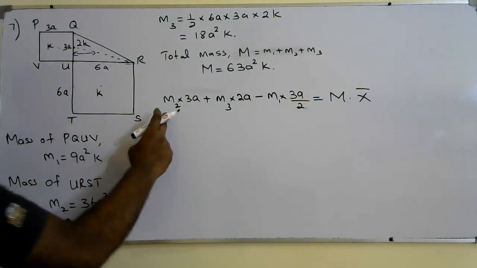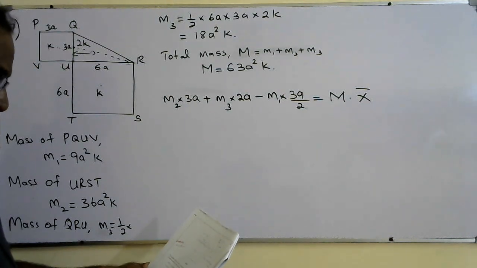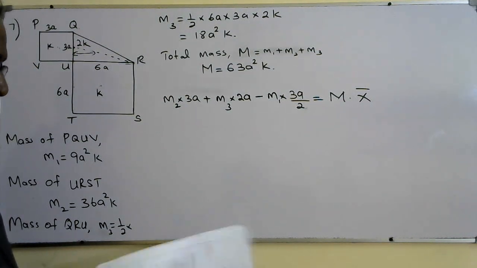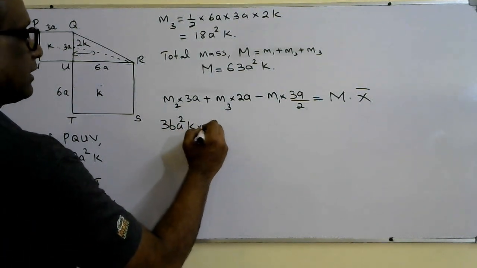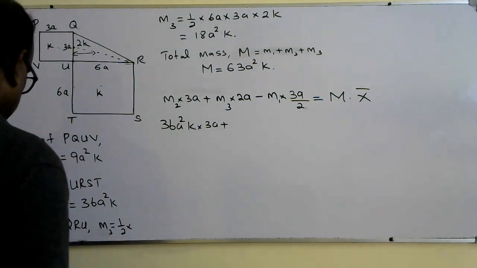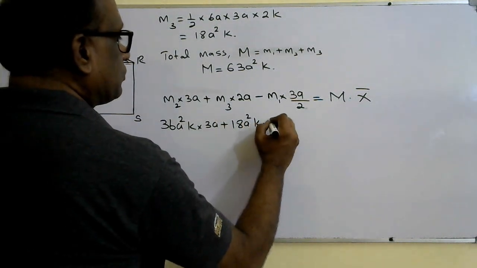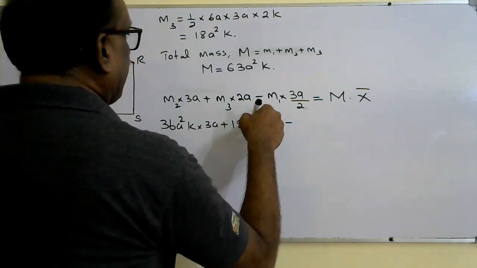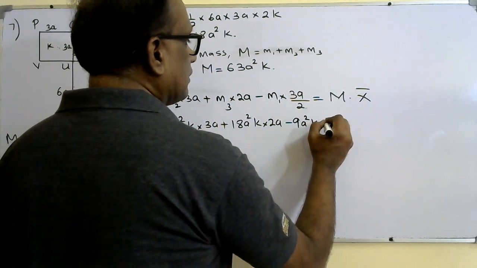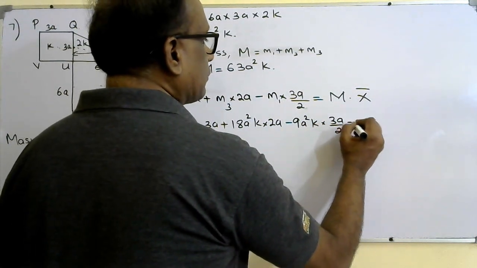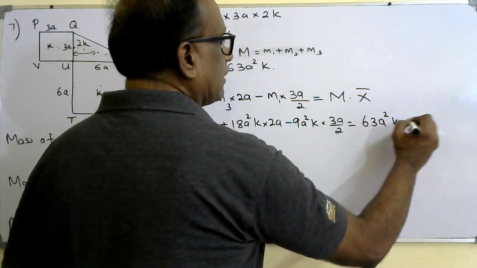Okay, now substitute M2, how much is it? 36A squared K, into 3A, plus M3, that is 18A squared K into 2A, minus M1, that is 9A squared K into 3A by 2, equal to capital M, 63A squared K, into X bar.